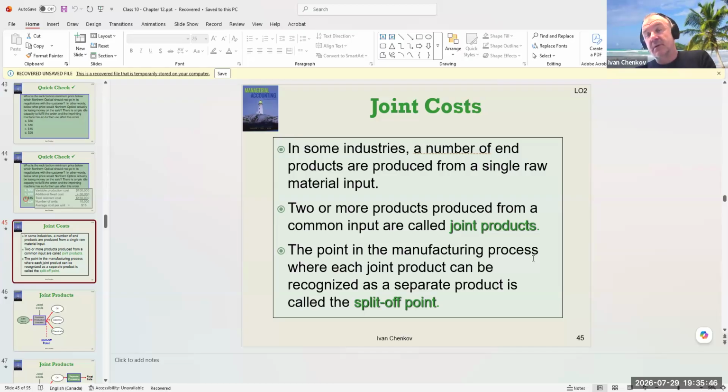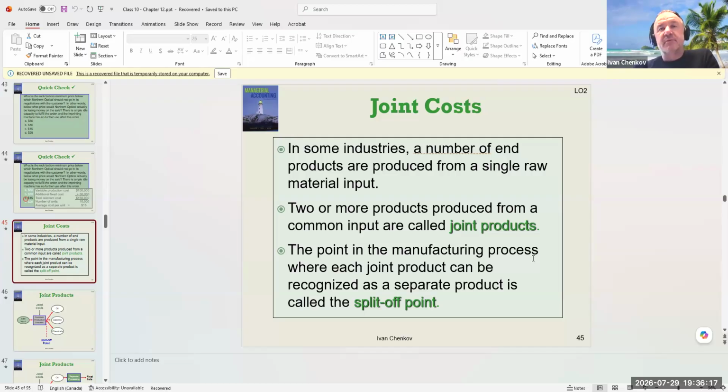I can sell milk, but I can also sell other products using the same common input, which is milk. I can produce cheese, butter, cream, half and half, yogurt, so many options. But they have a common input, which is milk. Or I can sell milk. All those products are going to be called joint products.